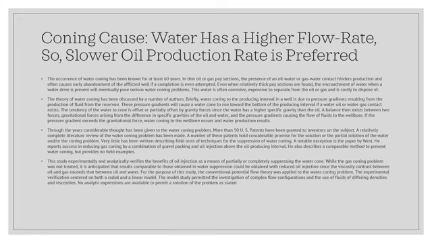Since the water has a higher specific gravity than oil, a balance exists between two forces: gravitational forces arising from the difference in specific gravities of the oil and water, and the pressure gradients causing the flow of fluids to the wellbore. If the pressure gradient exceeds the gravitational force, water coning to the wellbore occurs and water production results.